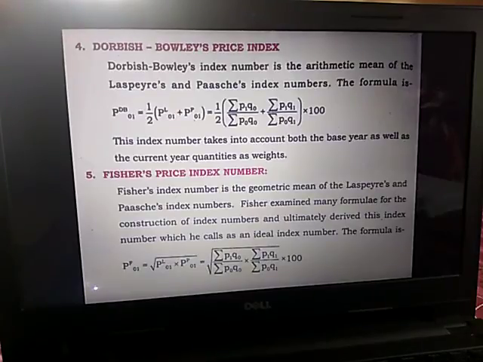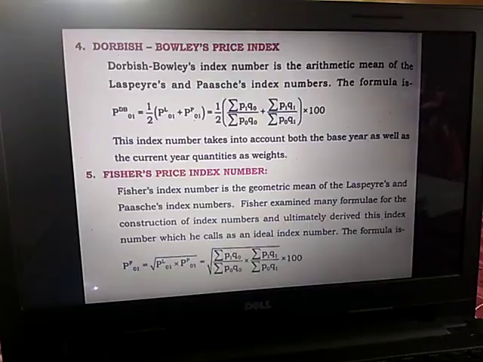The formula is P superscript DB 01 equals half of PL01 plus PP01, where PL is the Laspeyres index and PP is the Paasche index. So it is half into summation P1 Q0 divided by summation P0 Q0, the Laspeyres part, plus summation P1 Q1 divided by summation P0 Q1, the Paasche part, into 100. This index number takes into account both the base year and the current year quantities as weights.